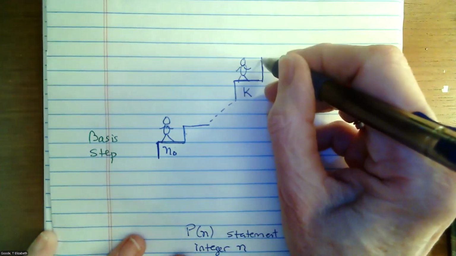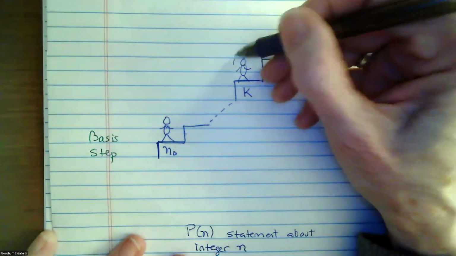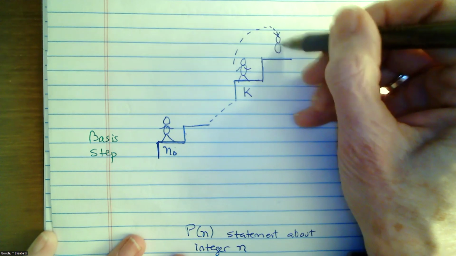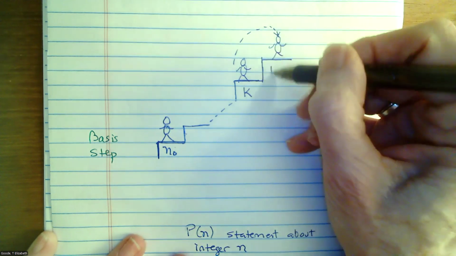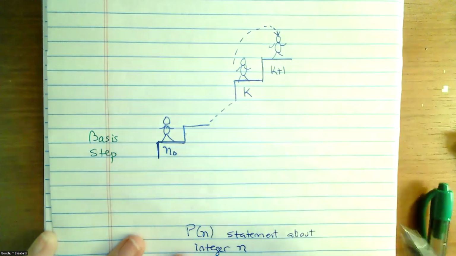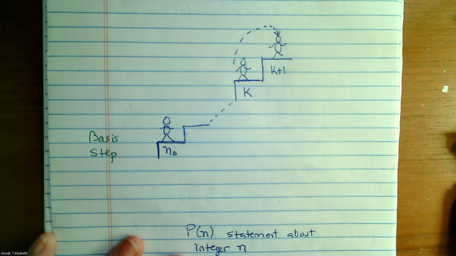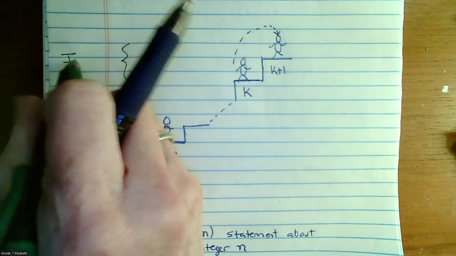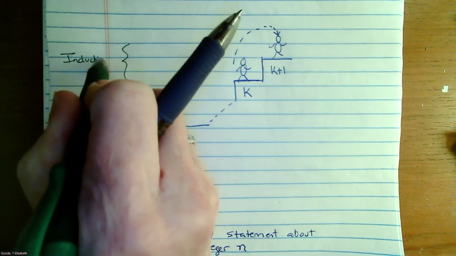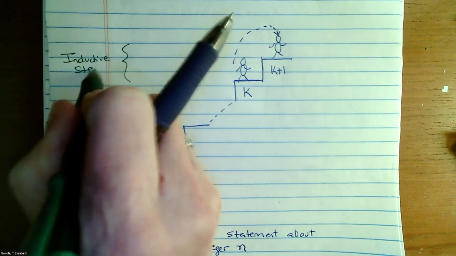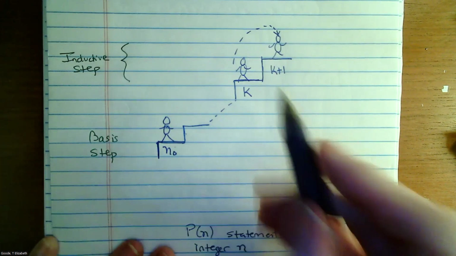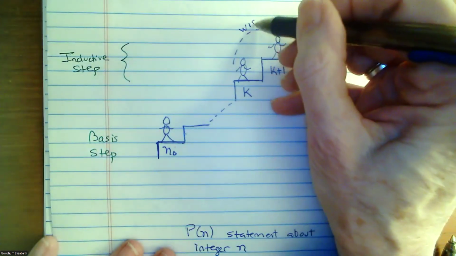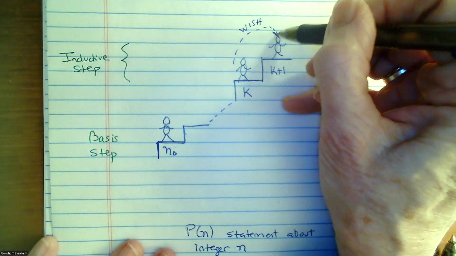What we wish to prove is that from step K, we can step up and stand on step K plus 1. This process is called the inductive step, where we actually are trying to step up the staircase. Knowing that we're standing on one step, we want to prove that we can step up to the next step.